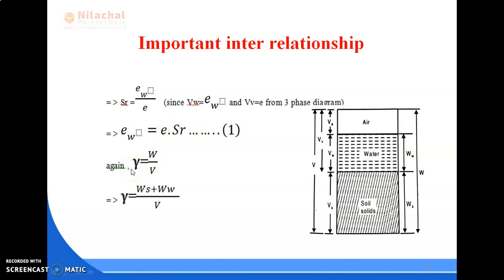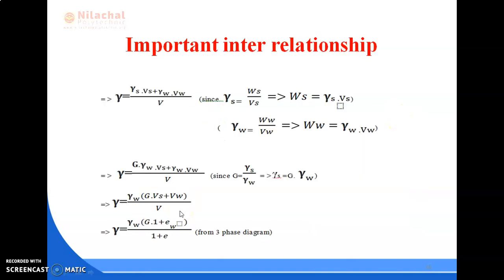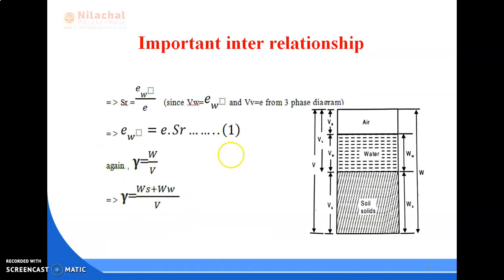Again, gamma equal to W by V, weight by volume. This is the total W as shown in the three-phase diagram. W equal to Ww plus Ws, as we know weight of air is 0, divided by V. We have to change the values of Ws and Ww.